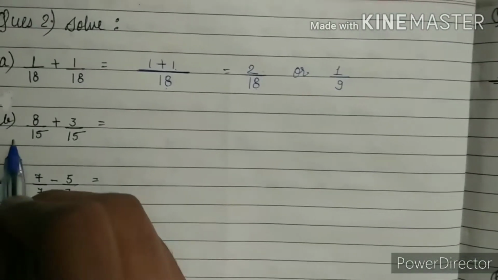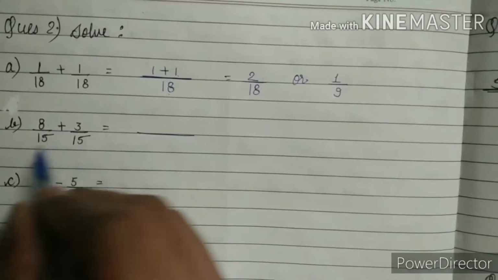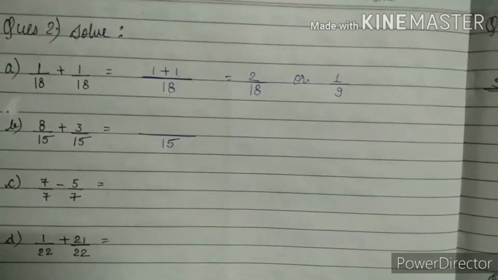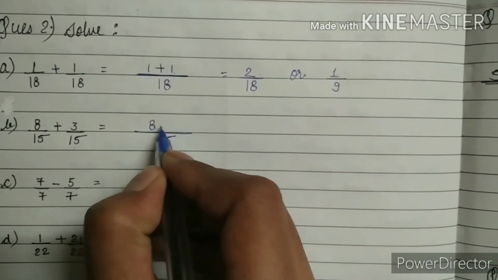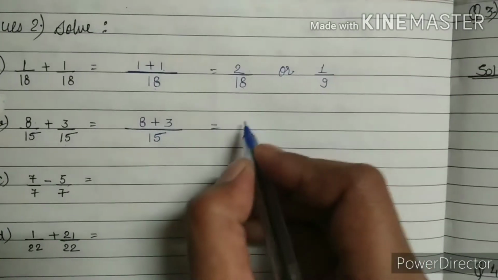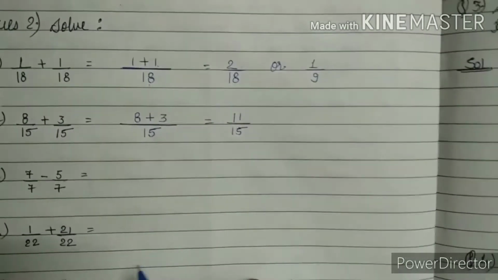Same as here, B is 8 by 15 plus 3 by 15. The denominator is the same, that's why we will write the denominator only one time. And 8 plus 3 together will come in one fraction. So 8 plus 3 is 11 and denominator 15 will come as it is.